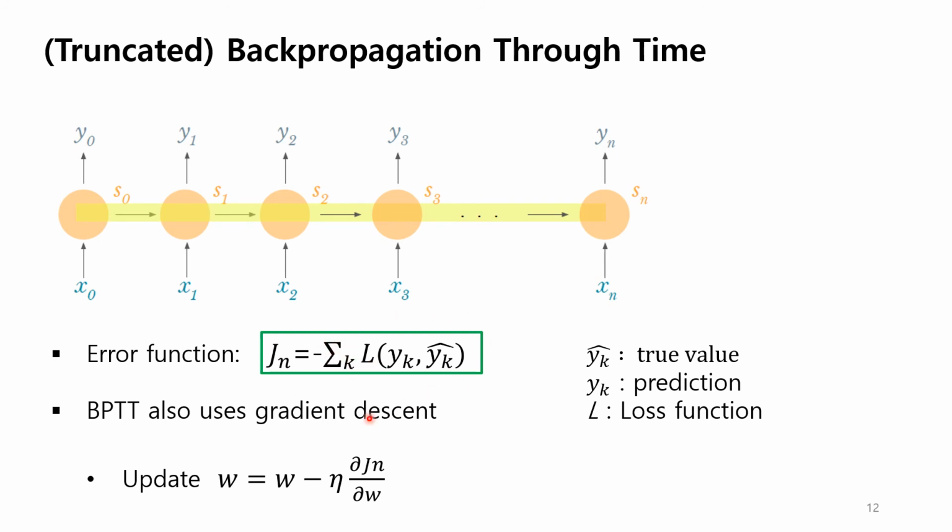We use gradient descent, which means each weight in the RNN network is updated using this formula. Then let's take a look at this one. You take the derivative of Jn with respect to W, so when you compute, you're going to compute this one, right?